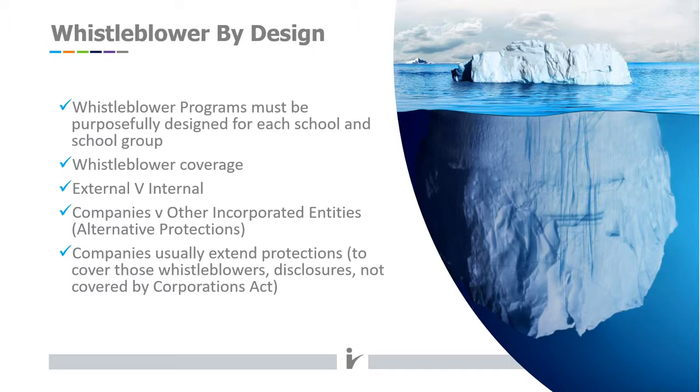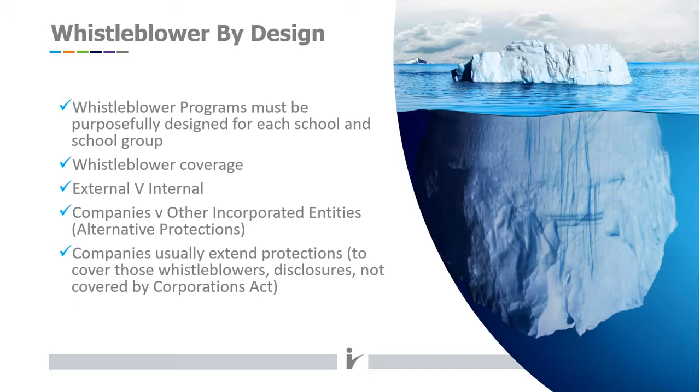We have basically drafted our program in two ways, one for organisations that aren't companies and one for organisations that are companies. And what you see very clearly there is if you're not caught by the Corporations Act, you still offer these protections to whistleblowers.